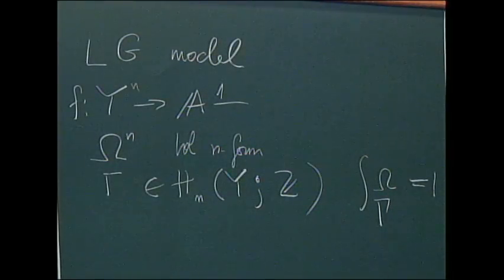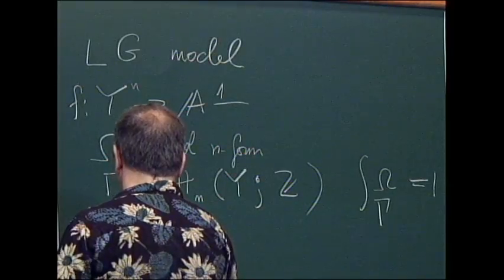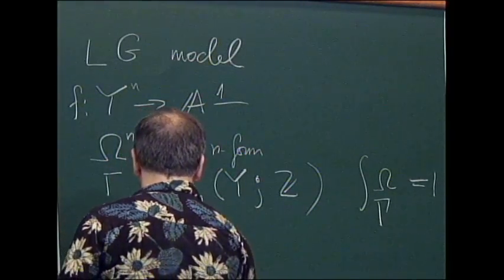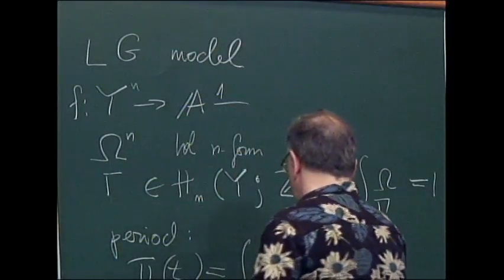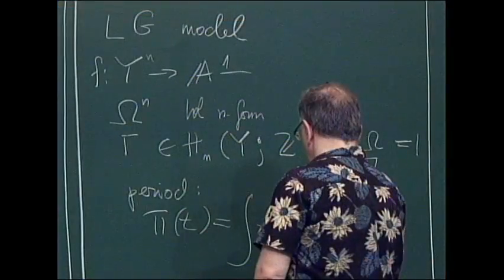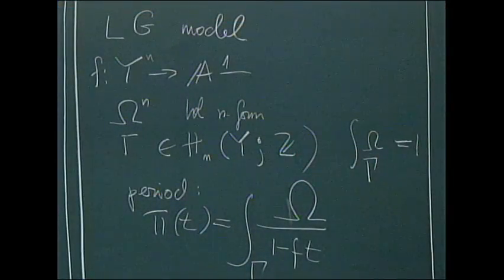And on this side, I'm just interested in the period function, pi of t, the integral of 1 over 1 minus ft. Well, I need to put the form omega and integrate on the cycle gamma.